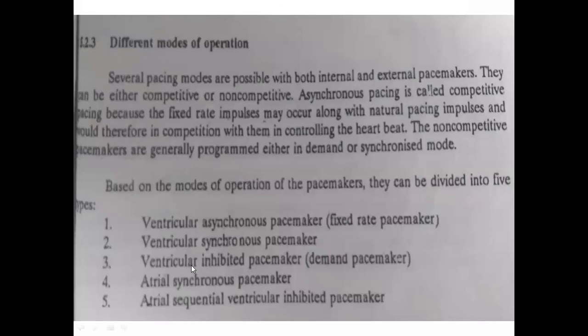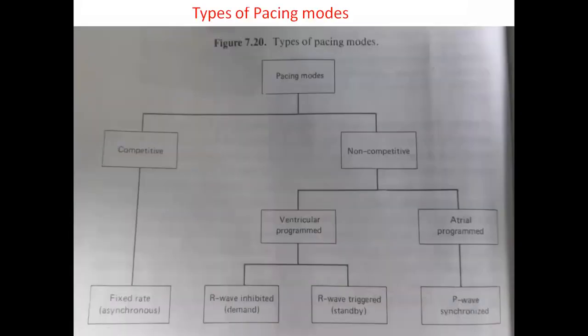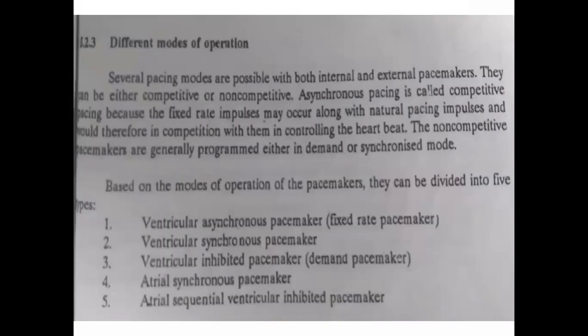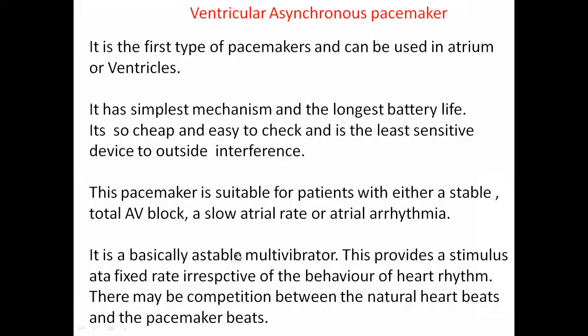The third one is the ventricular inhibited pacemaker, or demand pacemaker. This is the R wave inhibited pacemaker. And the next one is the atrial synchronous pacemaker. Then atrial sequential ventricular inhibited pacemakers. These are the 5 types of pacemakers generally used.